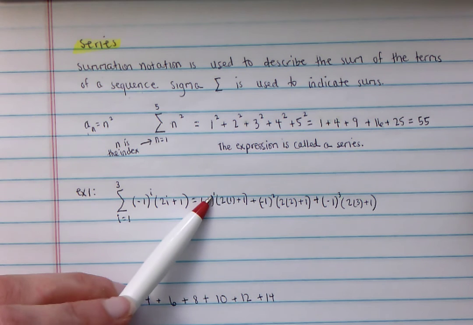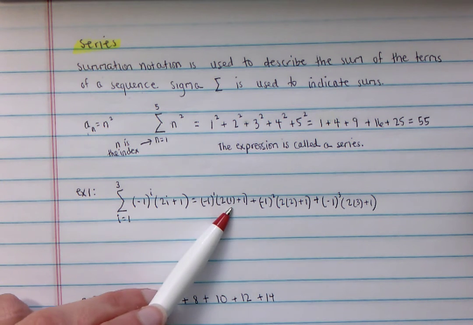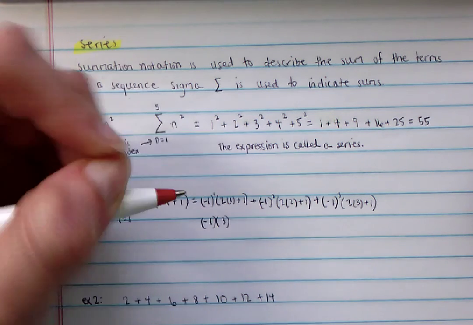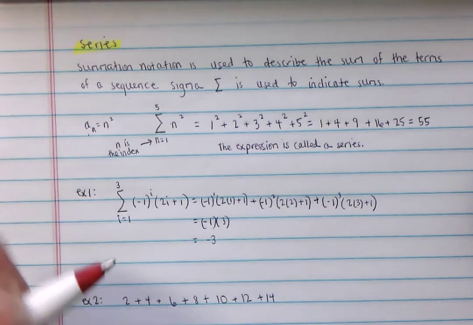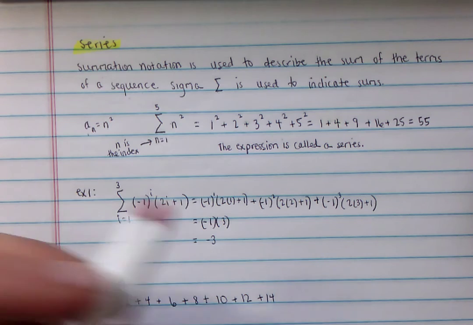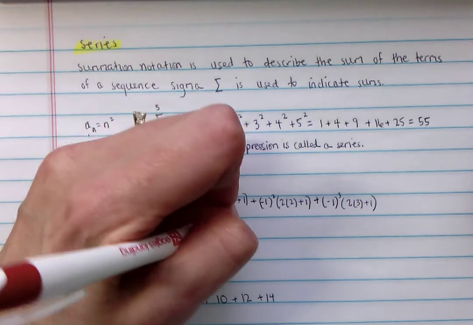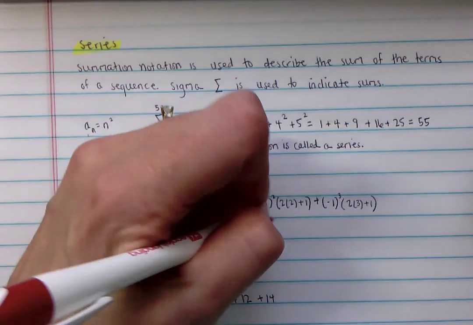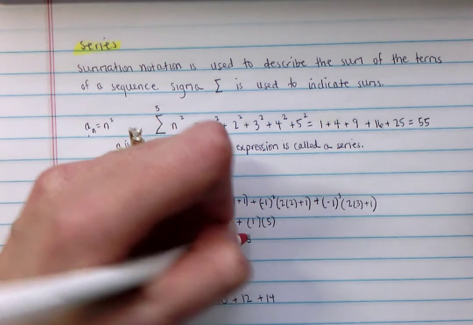So negative 1 to the first power is negative 1. 2 times 1 plus 1 is 3. So this is negative 1 times 3, which is negative 3. And then we have, on this one, negative 1 squared is 1. 2 times 2 is 4, plus 1 is 5. So this is 1 times 5, so that is 5.